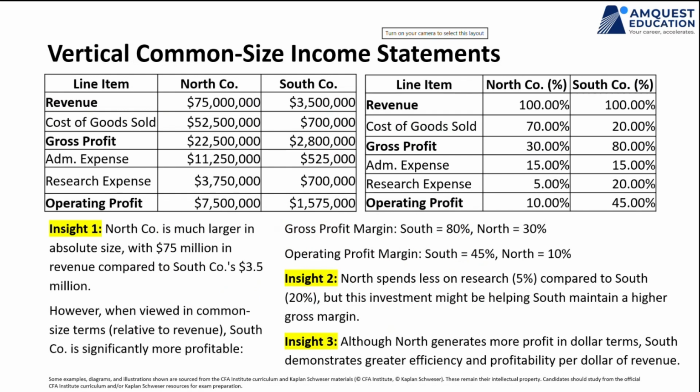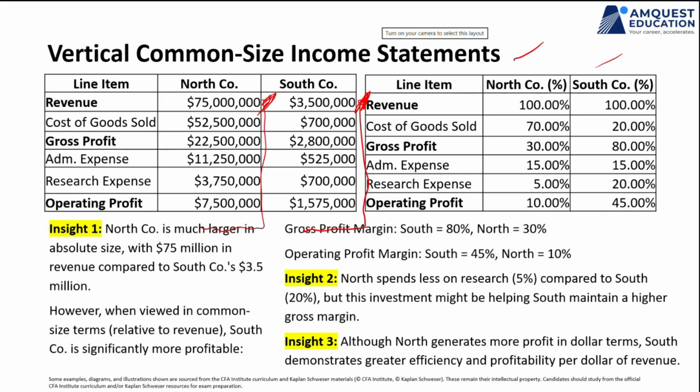Simple example: there are two companies, Northco and Southco, and both companies have different revenue numbers. One is $75 million, the other is $3.5 million. So if you look at the common size statement where we have divided every number by sales, for Northco we have divided every number by $75 million, and all the numbers for Southco are divided by $3.5 million to get you these ratios.